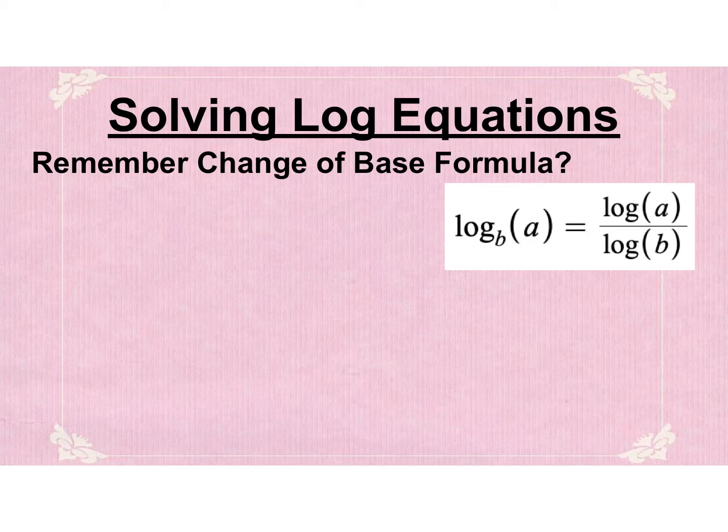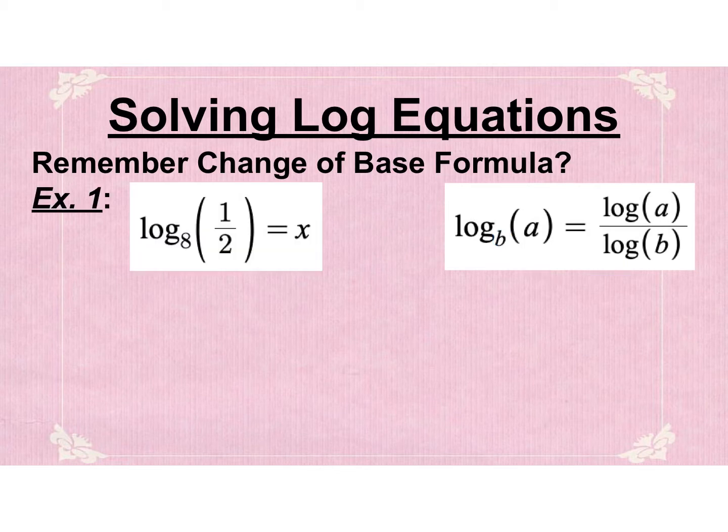Also, we need to remember the change of base formula. So when we have log base b of a, remember the log of the base goes in the basement, the bottom of the fraction. So if I had log base 8 of 1/2, I would rewrite that as log of 1/2, close parentheses, divided by log of 8, and you can do that on your calculator. You're going to get an answer of negative 1/3.